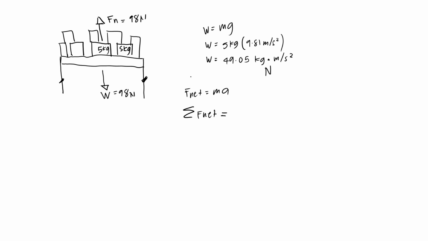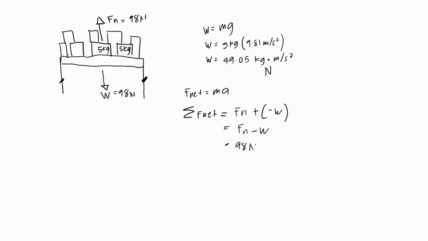Meaning, if we add the two, so Fn plus negative W, then we will get the net force. Or, in simplifying this, Fn minus W. So if we will get the net force for this object, guys, we will simply substitute the value.